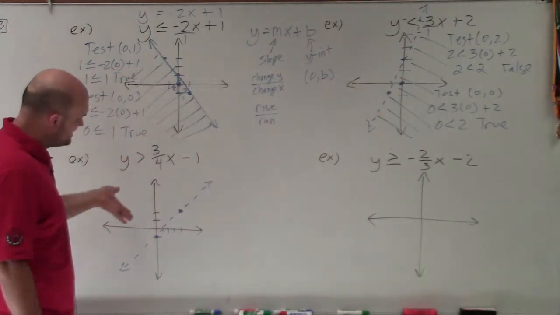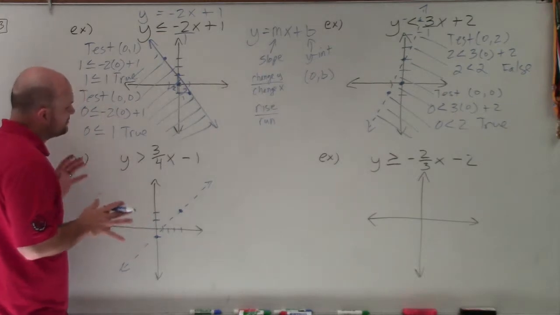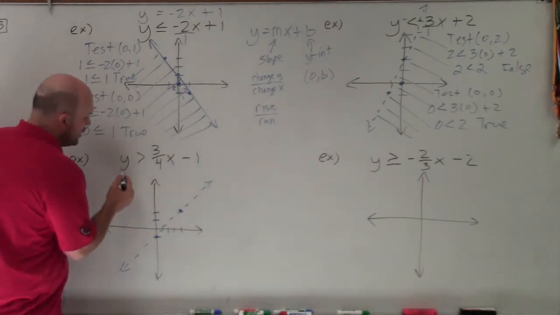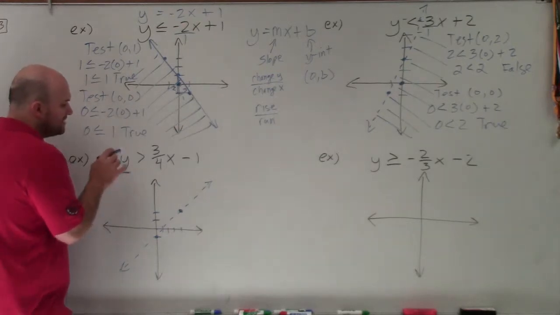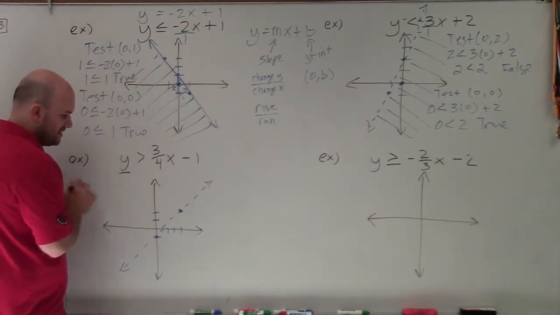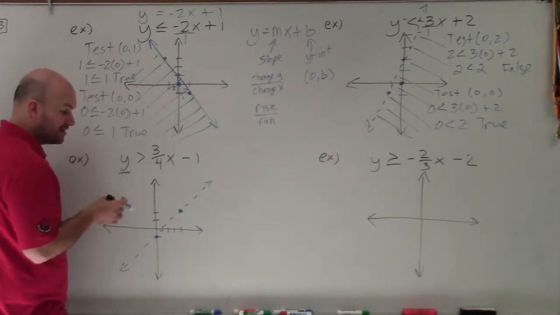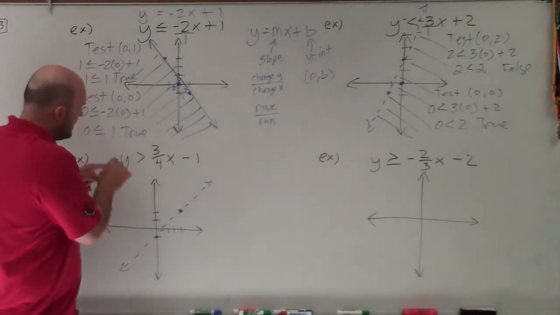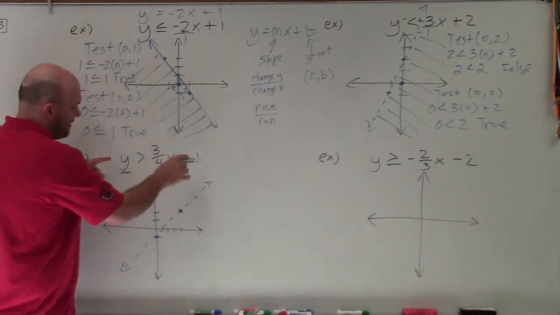Now, the other thing is, when you're graphing in slope-intercept form, that's why I like putting it in slope-intercept form, as long as your y is on the left-hand side, then you can determine where the shading is going to be. You can always use test points, and test points are very important to check your work, especially if you're not really sure about this. However, this is saying y is greater than everything over here.